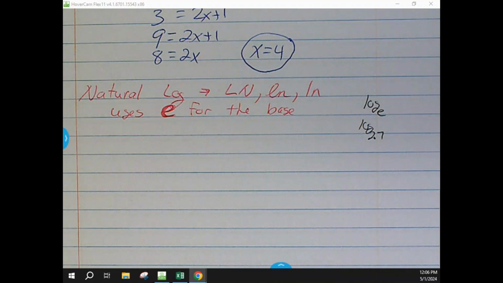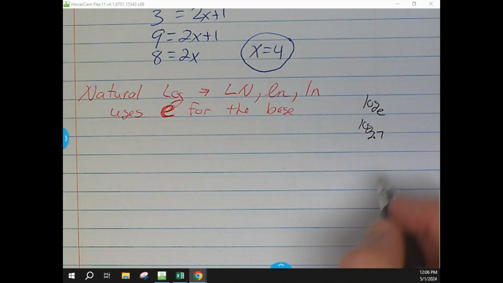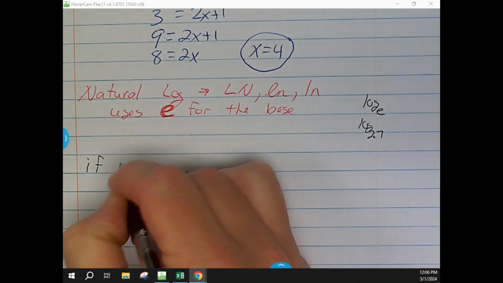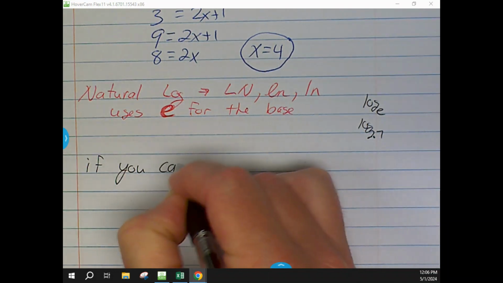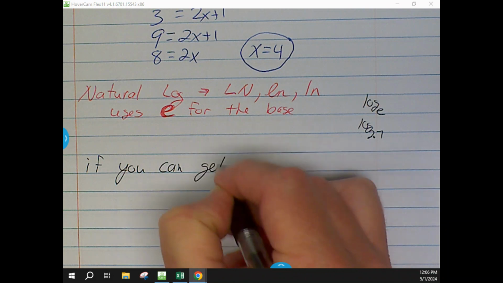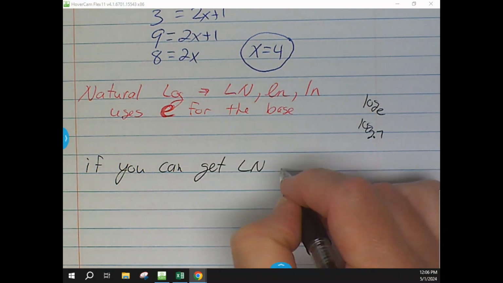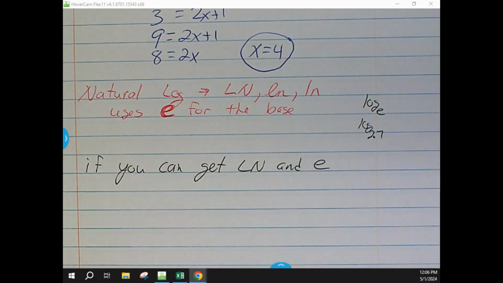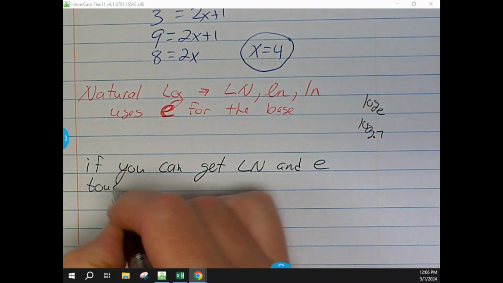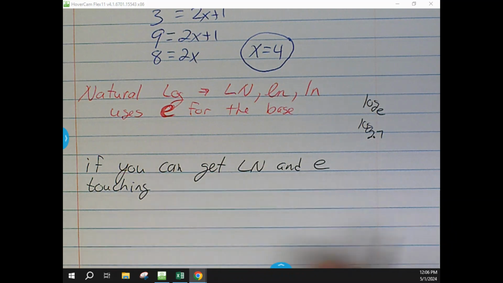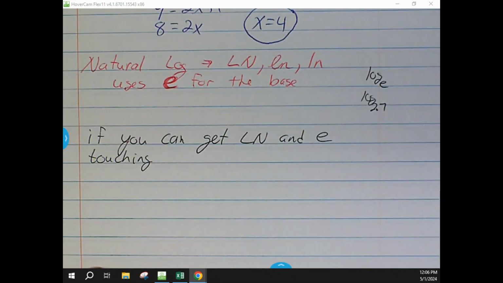All right, so here's the big thing. Whenever you have natural logs, whenever you've got these ln's in here, if you can get ln and e together, now here's the key thing when we put these two together. They have to be touching. The ln and the e have to be connected.